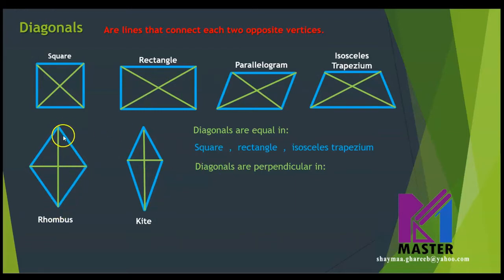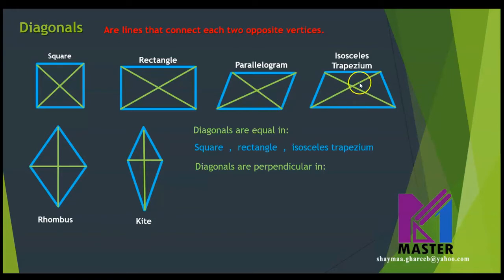In the rhombus, as you can see, it's a right angle here. The two diagonals meet at right angles. And in the kite as well, the two diagonals meet at a right angle. So can you find any other quadrilateral with two perpendicular diagonals?